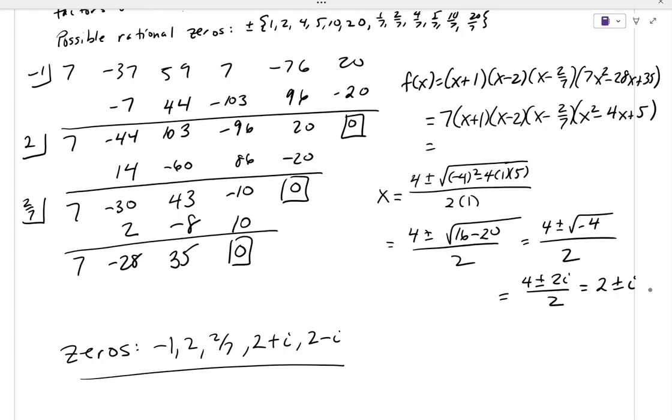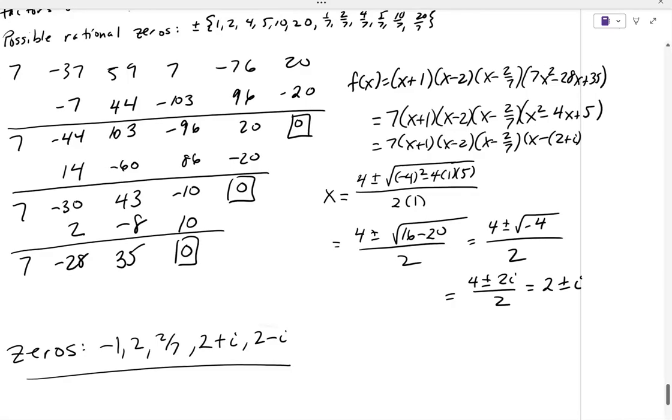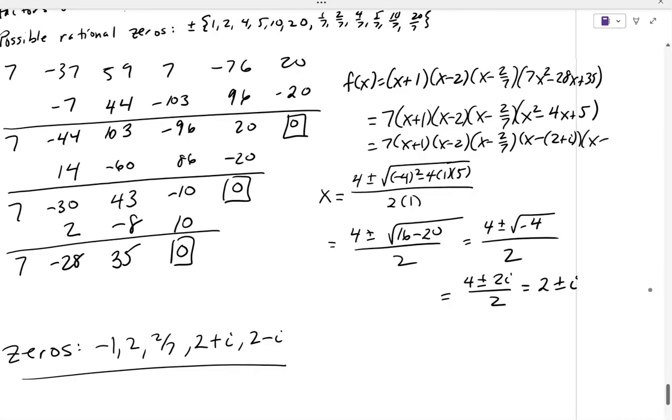Going back up here, I can finish off my factoring by rewriting this as x minus 2 plus i and x minus 2 minus i. Remember again, if a number is a 0, then x minus that number is a factor. So this part right here is factoring it into a product of linear factors.